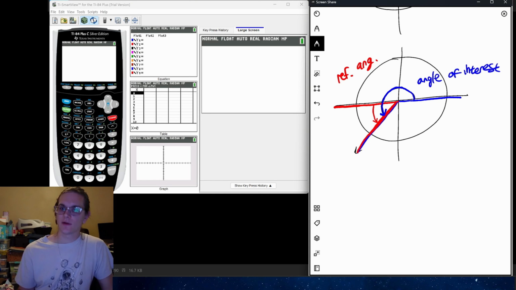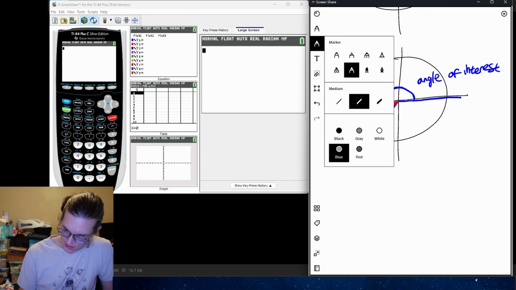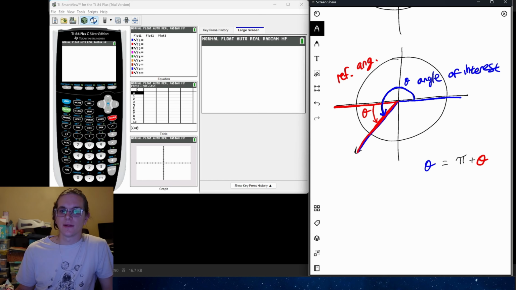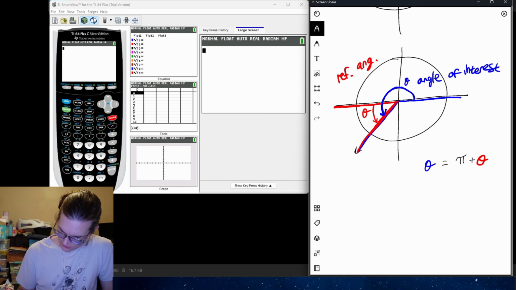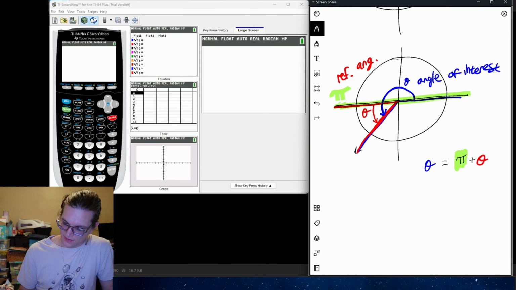The angle of interest, I'm calling blue theta, equals pi plus red theta, because this angle is pi radians, this 180 degrees, the straight angle, plus this little extra acute angle, which is red theta.